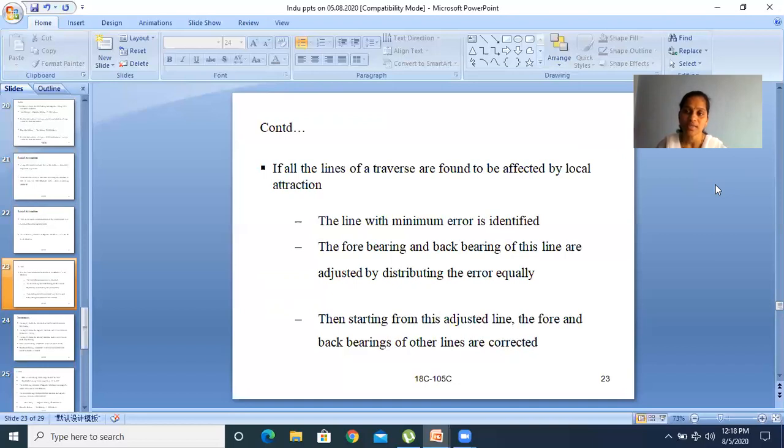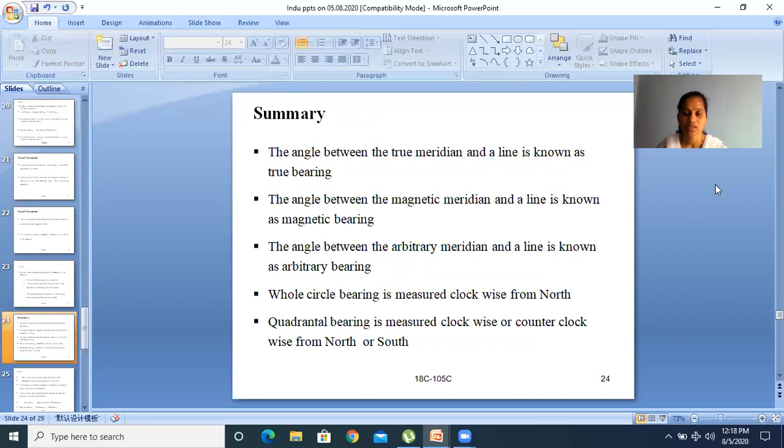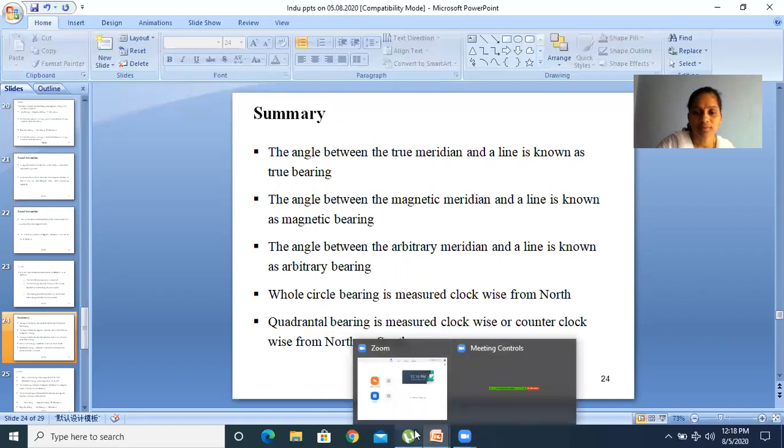I can explain the sums of this type in later classes. First, you have to remember the important terms: what do you mean by local attraction, and what are the local attractive forces? That was the last topic, and today we will see some problems.